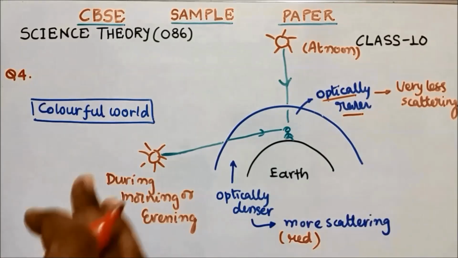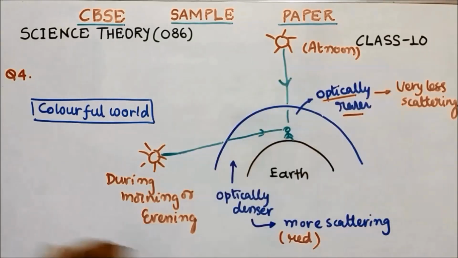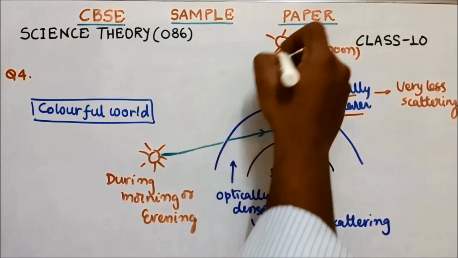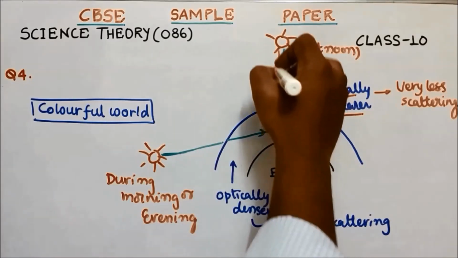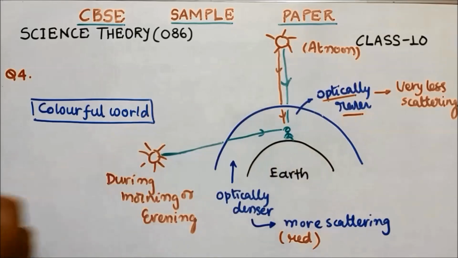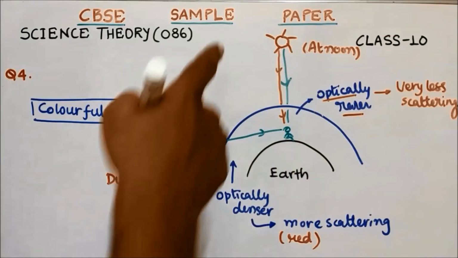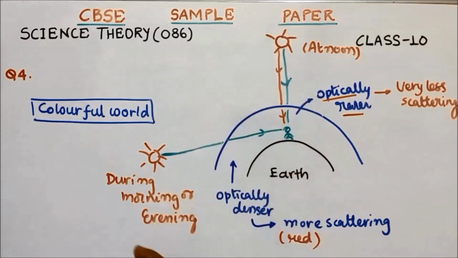Only the lesser wavelength part of the light gets scattered, and almost all the light enters the observer's eye. So the observer can see all the colors coming from the sun. So the sun appears white during the noon.